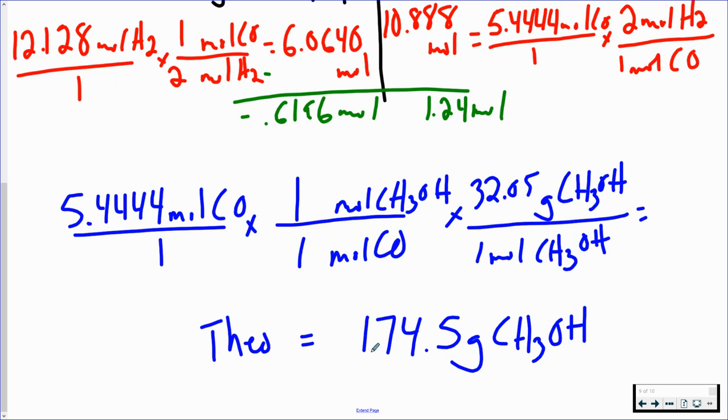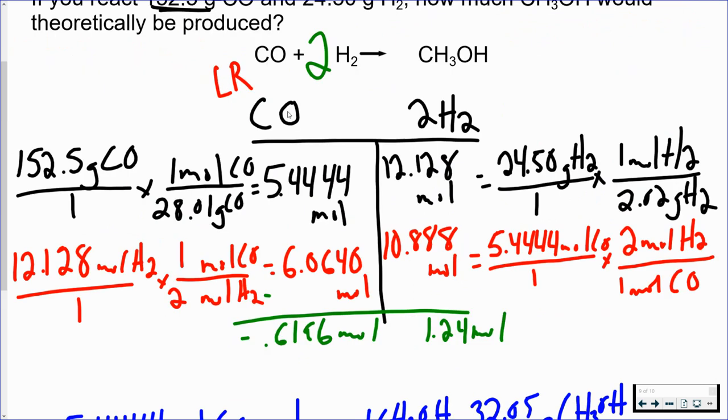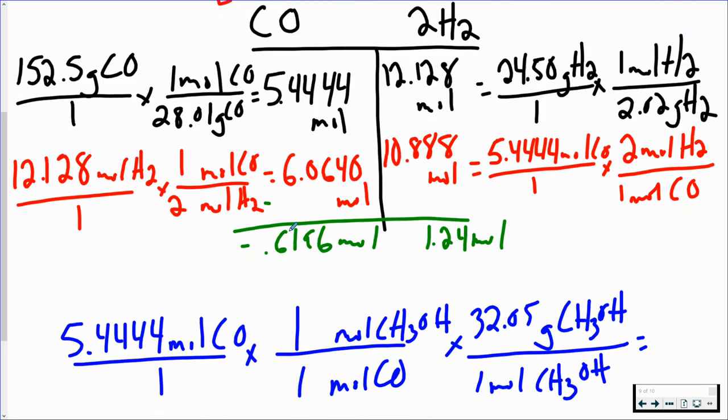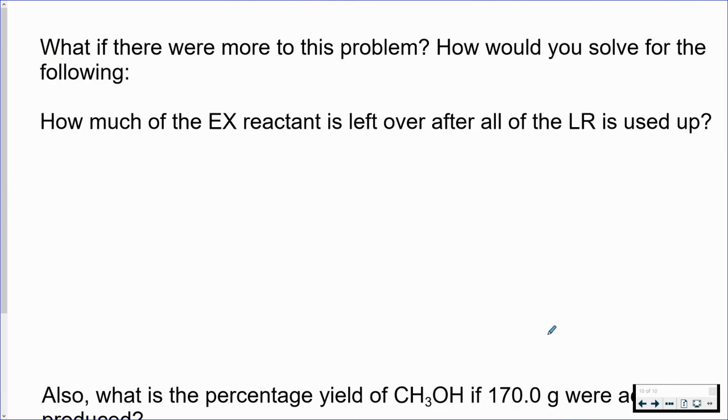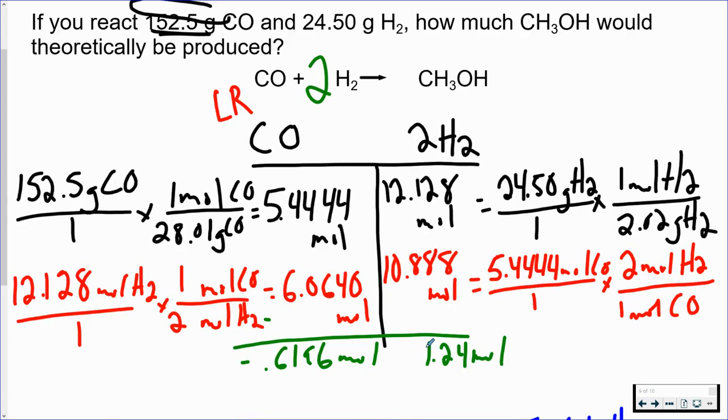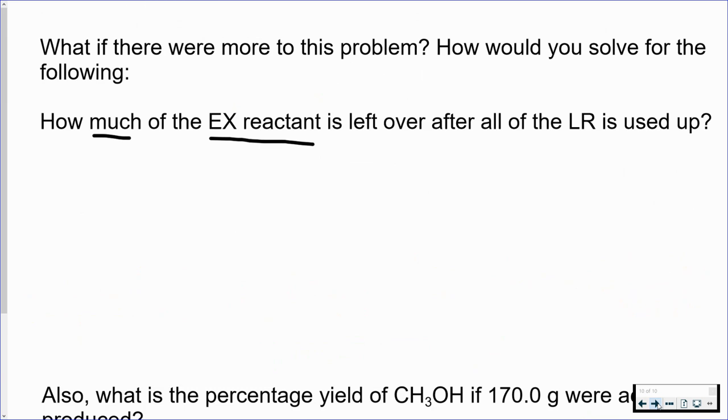Okay, we've calculated the theoretical. We know who the limiting reactant is, but there's a lot more information that we can determine. So the next question asks for how much excess is left over. In order to do this, we go back to our T-chart and we find that positive mole value, which was 1.24 moles. And we're going to start with that.